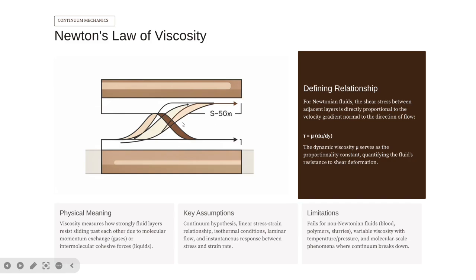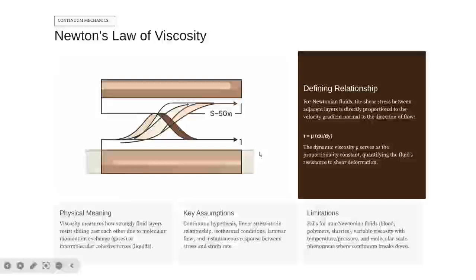For our experiment, we would observe that the force is proportional to area, force is also proportional to velocity, and force is inversely proportional to distance. After combining all these proportionalities and dividing by area, we would obtain that shear stress is directly proportional to velocity gradient. Then to remove the proportionality, we introduce a constant, which is our viscosity.